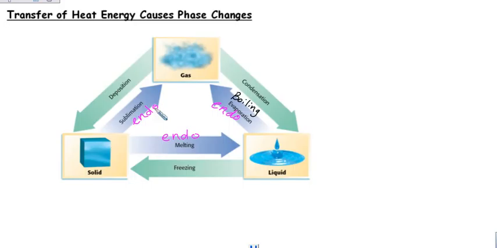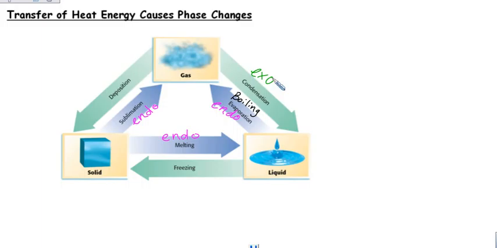Now we can also reverse these processes, and we can do these changes in an exothermic direction. So if I have a gas and I remove energy, one of the ways we can remove energy is by cooling the gas. The first change that we might see is condensation. This is exothermic.